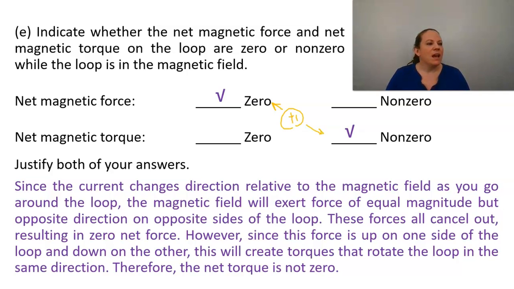And then you get 1 point for indicating that the forces on opposite sides of the loop are in opposite directions. So let me underline that piece.